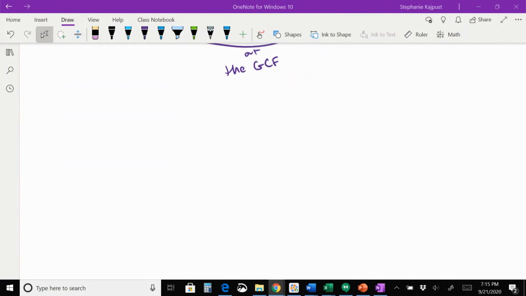So I want to make sure that I have something that deliberately can be factored. So I'm just opening it up right now.